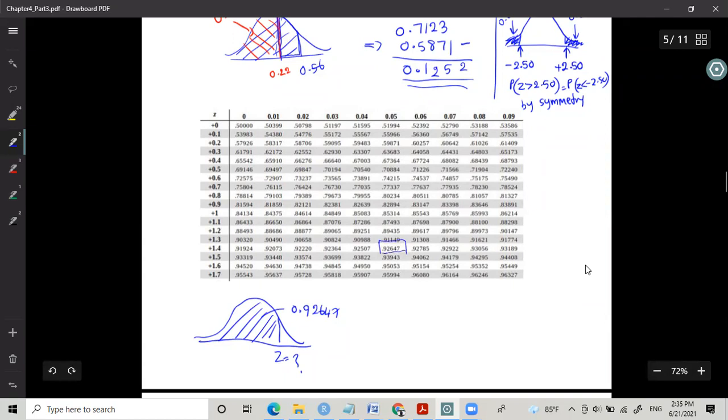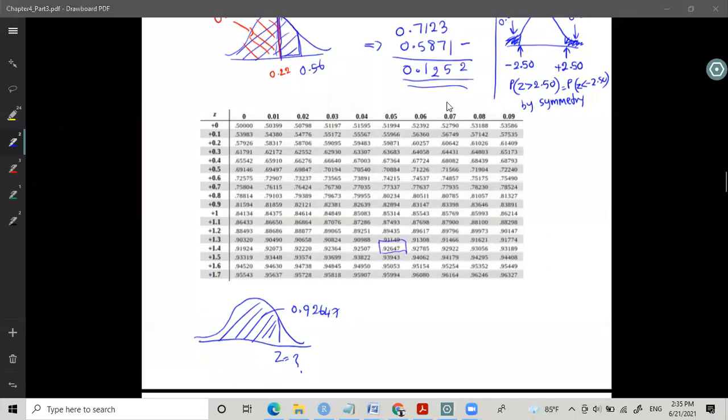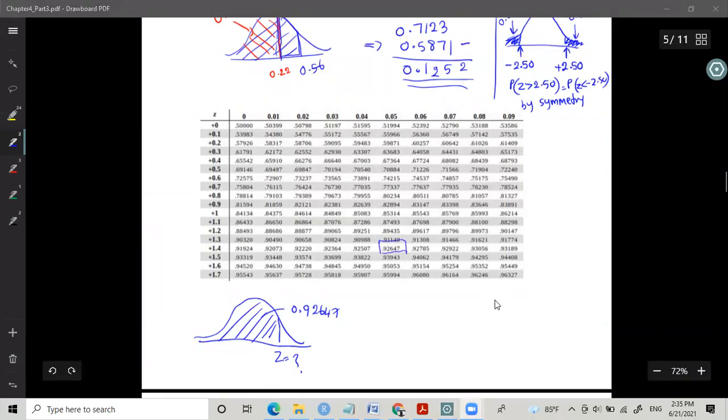So what is the z-score? What is this z-score? 1.45. Can you all see that? See, you have 1.4 and it is under 0.05. Okay, so everybody got it, 1.45.